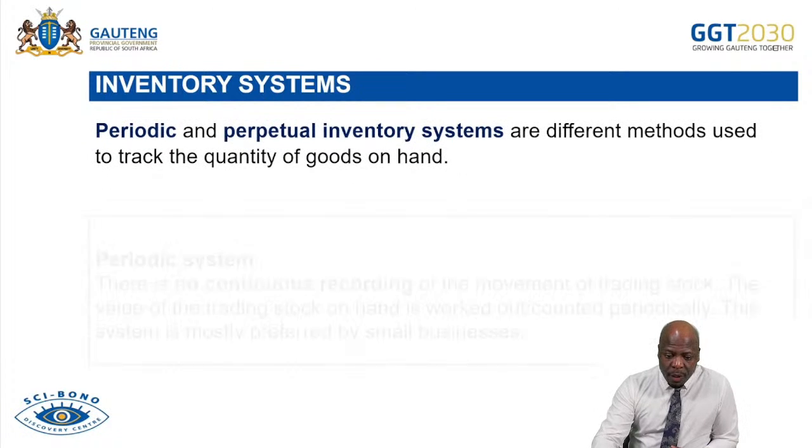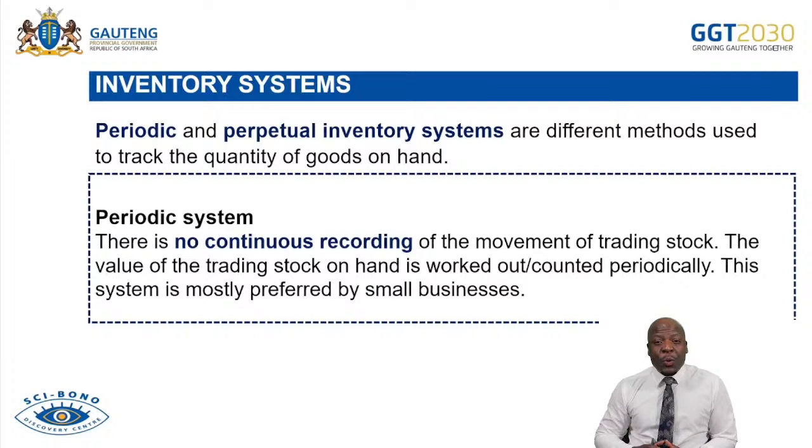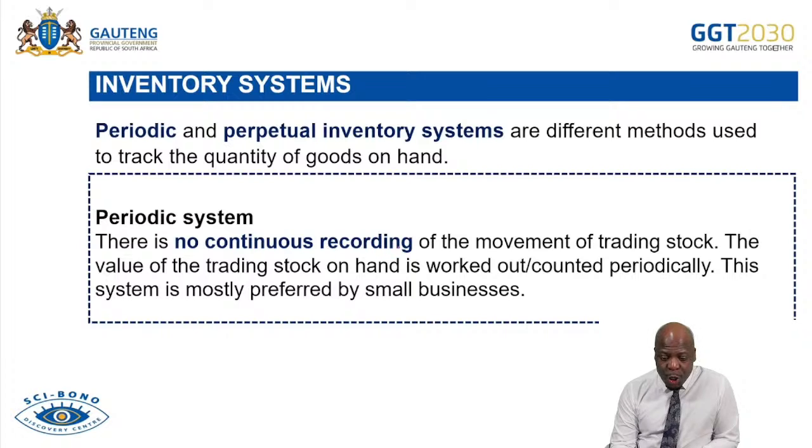And then we'll now speak to the periodic system. What is the periodic inventory system? With the periodic inventory system, there is no continuous recording of the movement of stock. Very key, with the periodic, there is no continuous recording of the movement of trading stock. The value of the trading stock on hand is worked out, counted periodically.